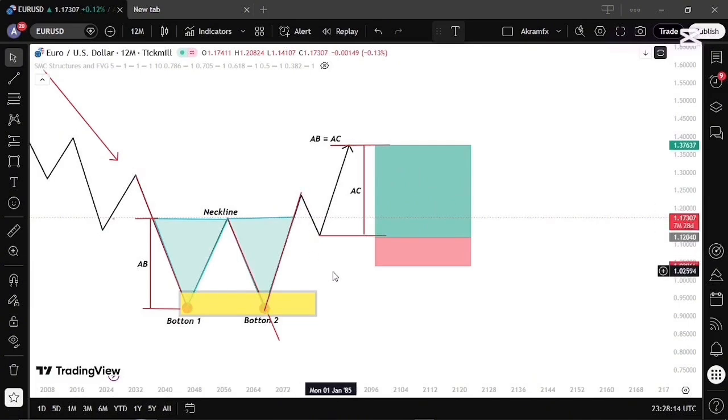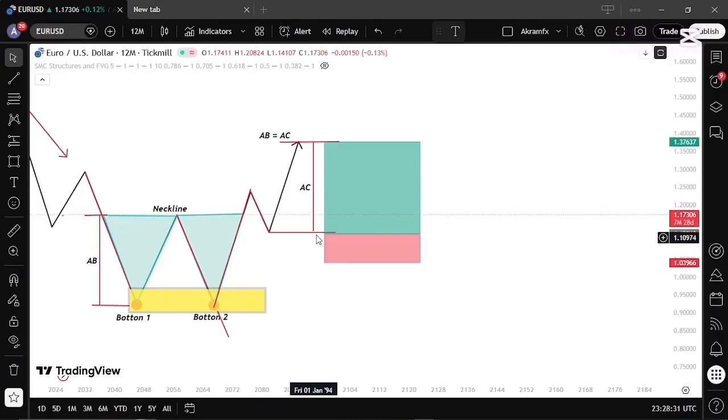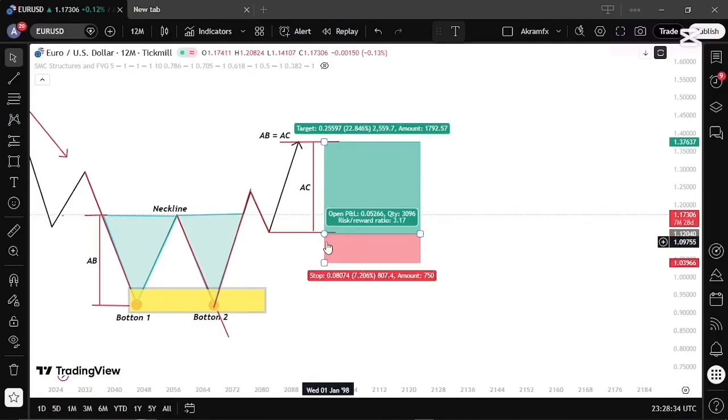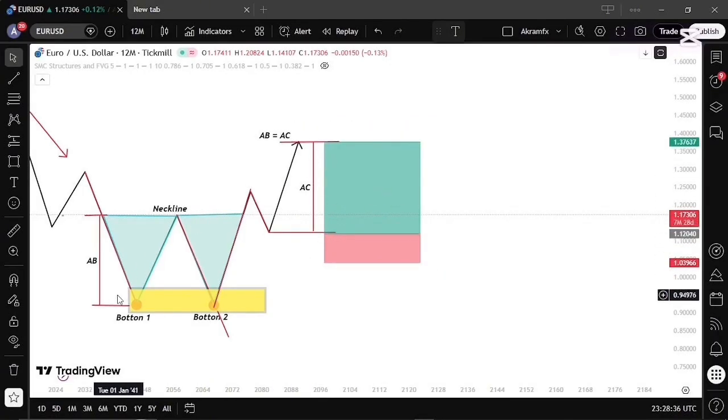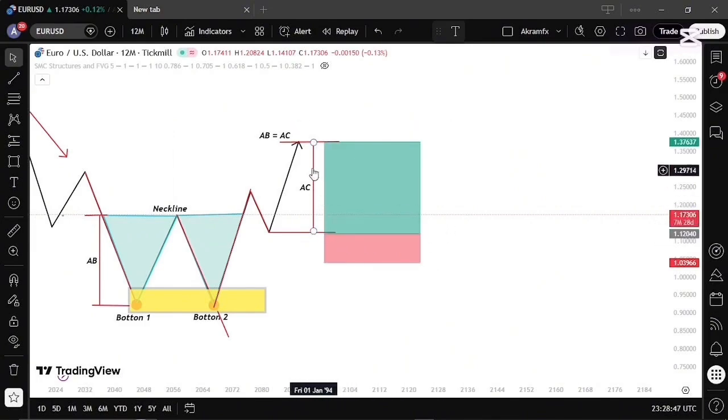But there are traders with low capital, and so they wait for a simple retest like this one, so that they get a discounted buy, at a very low price, and then make profits. So you enter from here, measure the distance from the bottom to the neckline, and that's the take profit level, and it is 80% assured that prices will go up that distance before turning in any other direction.